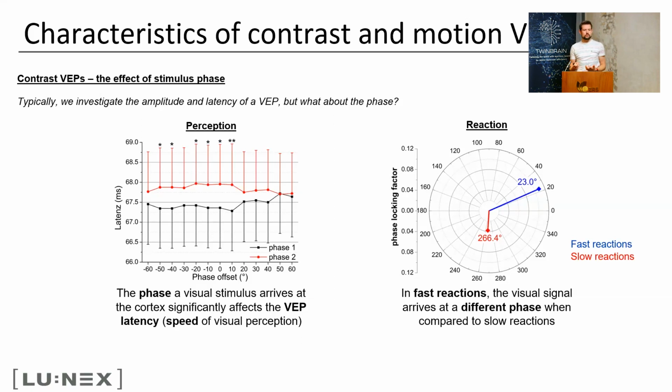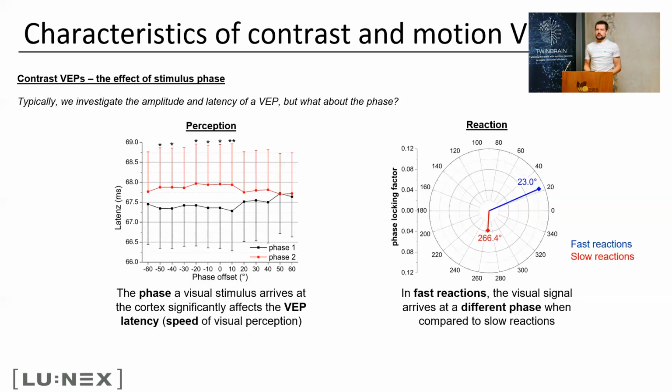We do not know what it would be at the thalamic level, so we just use different offsets. And we see that at some of these offsets, we have significant differences in the latency of the VEP. So this is just phase 1 and phase 2, both corresponding to 180 degrees on this sine wave. And we see that we have significant differences here.